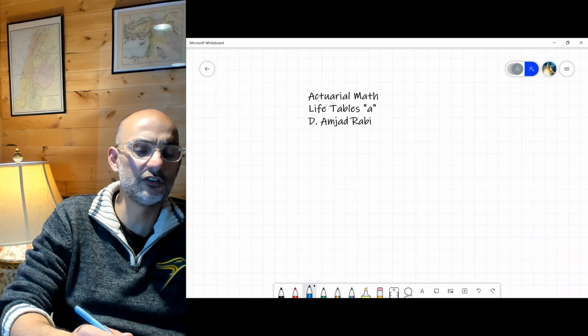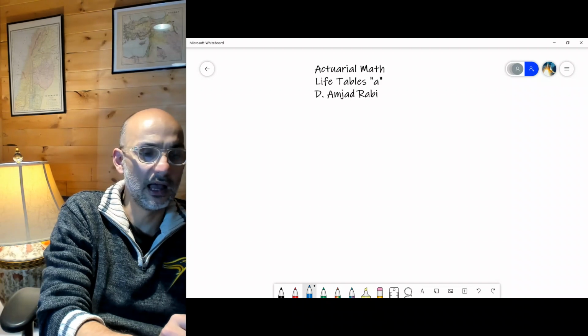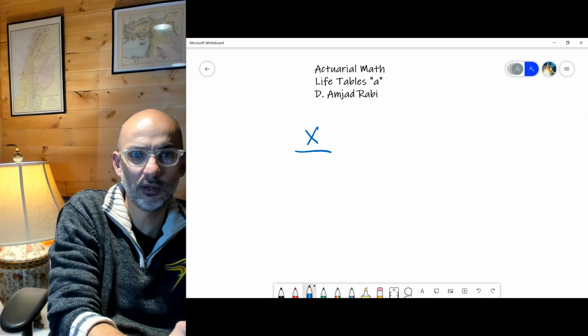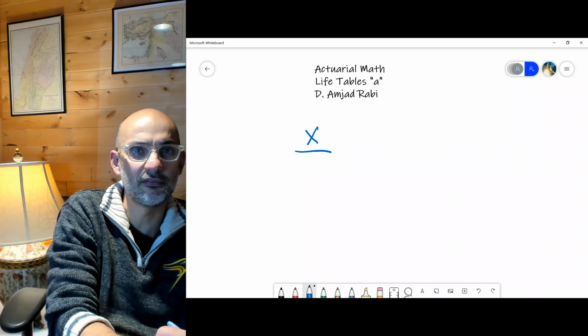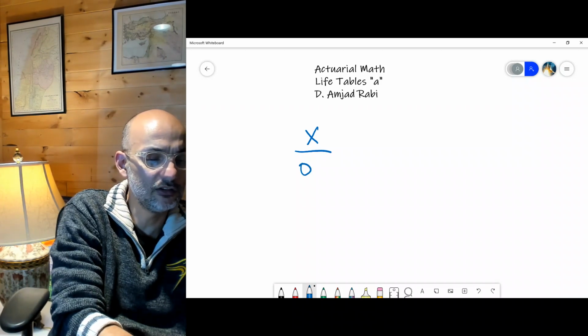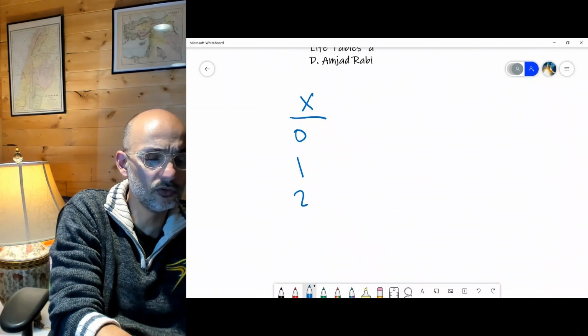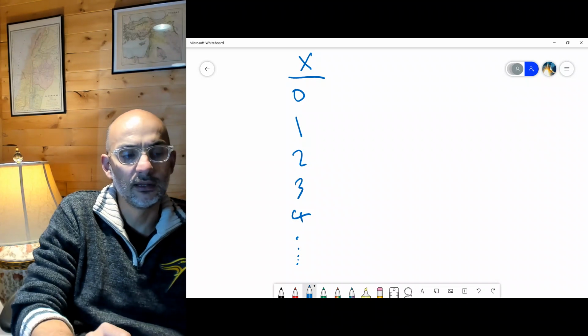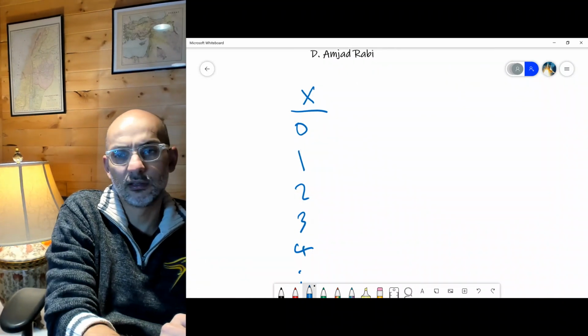In general, you trace the individual at the age of the individual. We'll take a simplified example of the life table approach. We take the individual's ages 0, 1, 2, 3, 4, and so on and so forth, right? And then you trace a cohort of individuals.